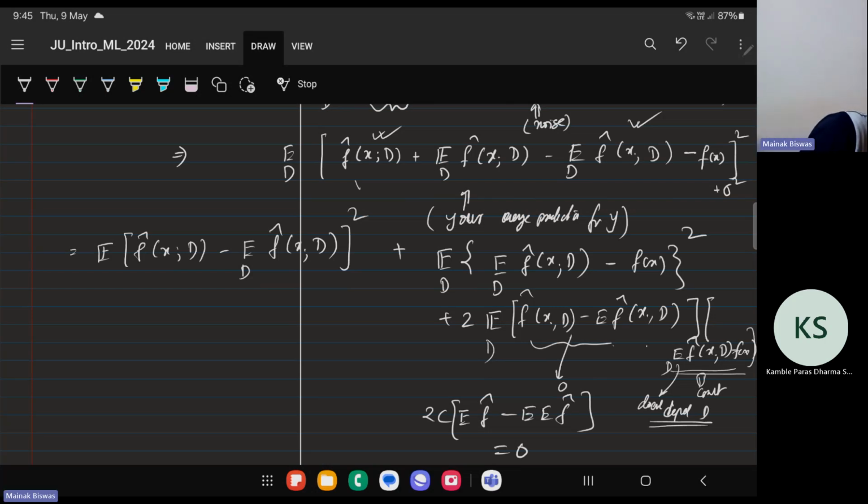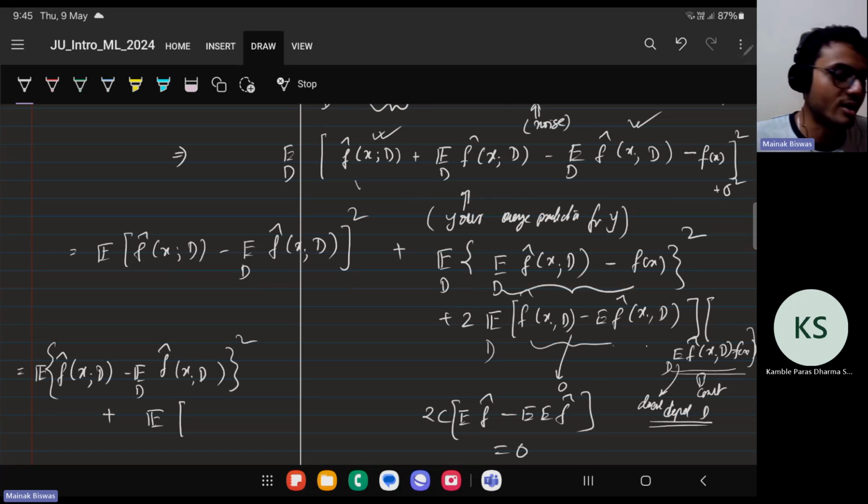So you end up getting this closed form: the expected value of (f hat of x comma D minus the expected value over D of f hat of x comma D) squared, plus the expected value of the other term, which again is a constant and does not depend on D.